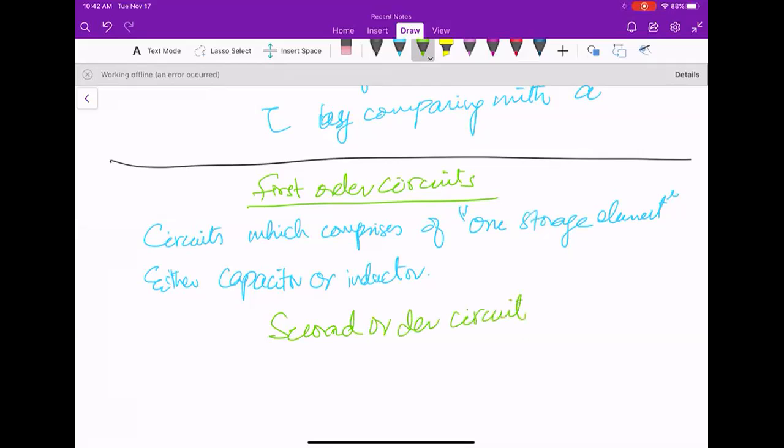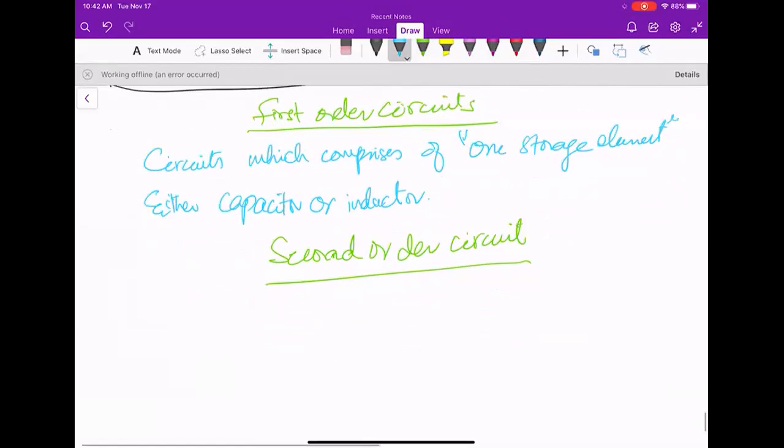So in terms of calculus, a second order circuit is one in which you have a second order differential equation. But for circuits, it is that which has two storage elements, that is inductor and capacitor.